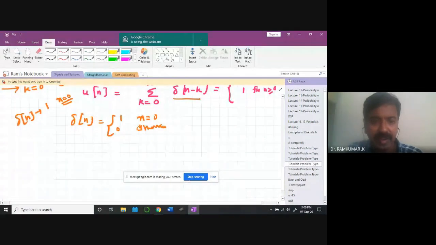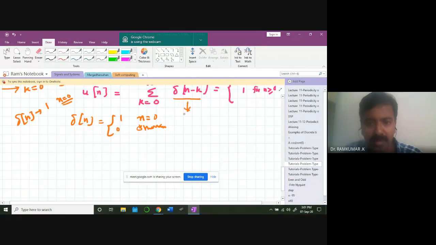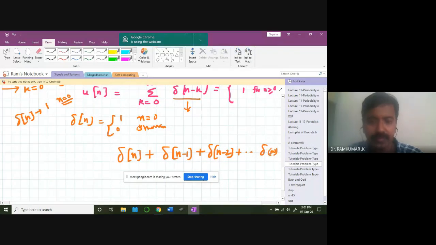I'm defining delta n equal to 1 for n equal to 0, and 0 otherwise. So this can be represented as delta n plus delta n minus 1 plus delta n minus 2, like that, up to infinity. The original signal got shifted like this.